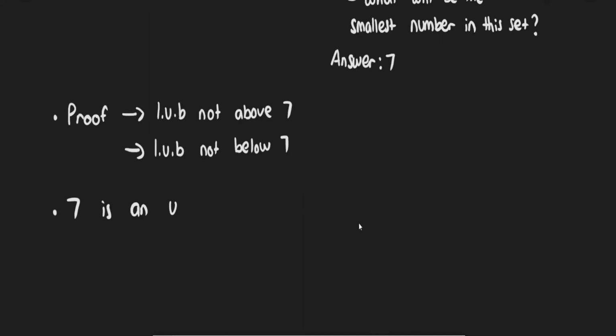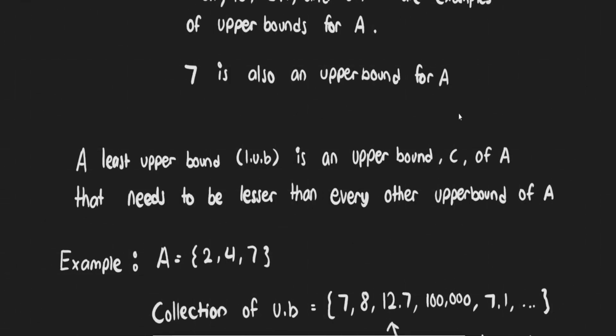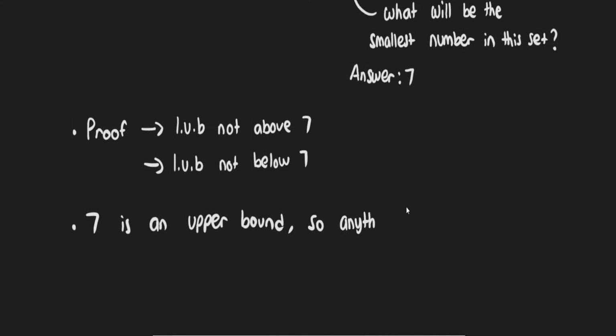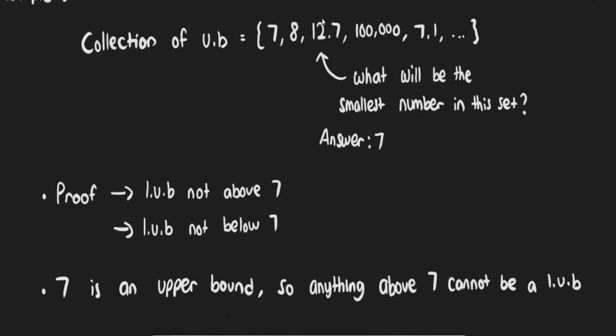So 7 is an upper bound, and that is clear. We've already shown that 7 is an upper bound for A. Therefore, anything above 7 cannot be the least upper bound. And this is pretty easy enough, right? So for example, 12.7 cannot be the least upper bound because 7 is an upper bound and 7 is less than 12.7, right?